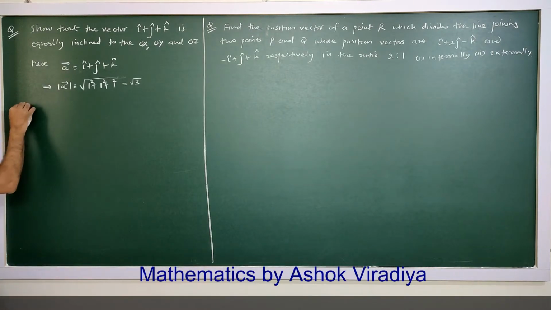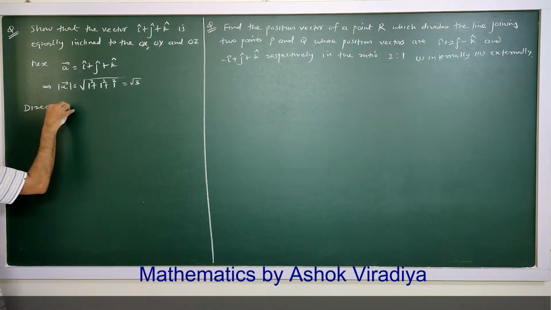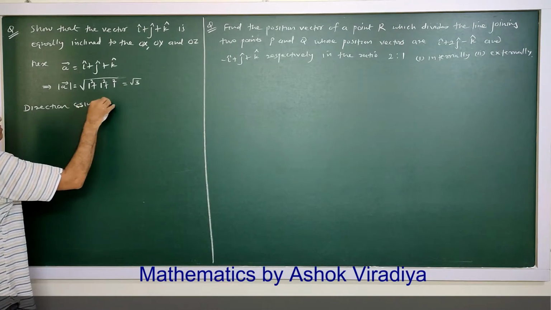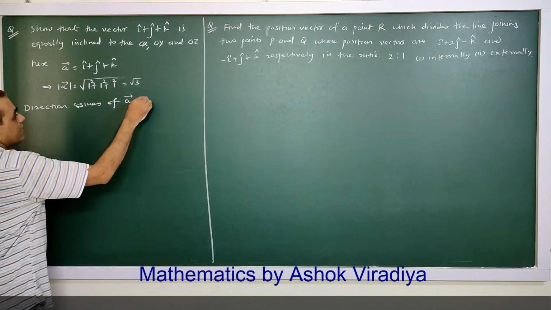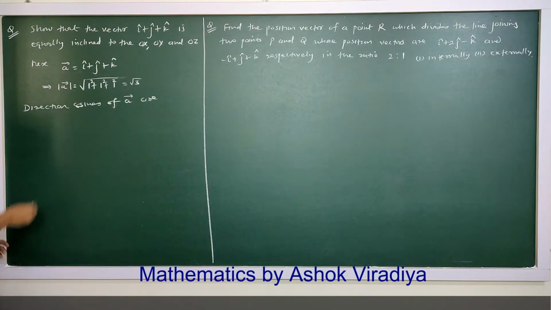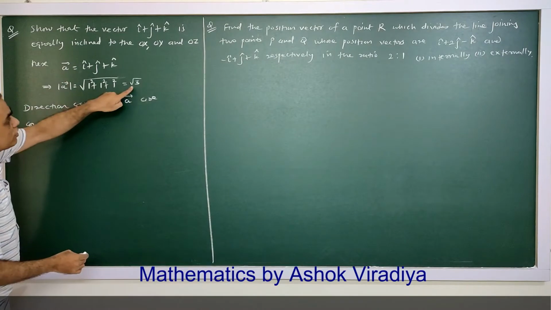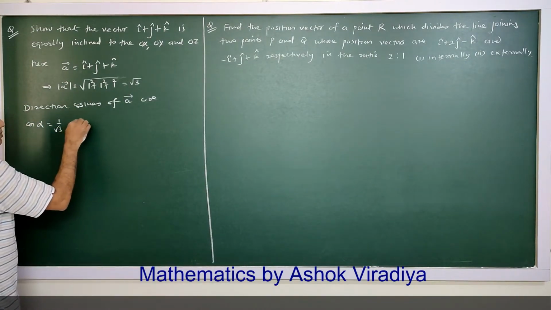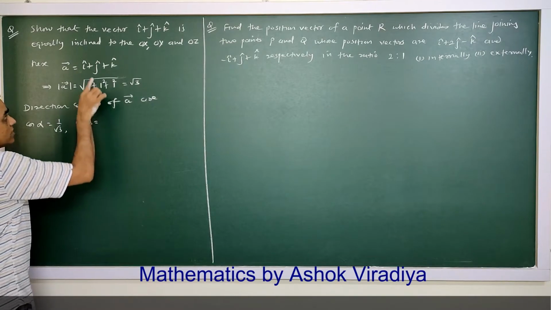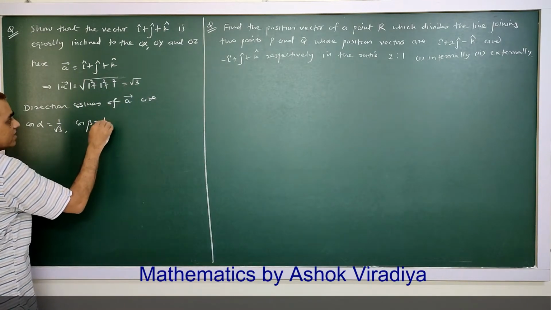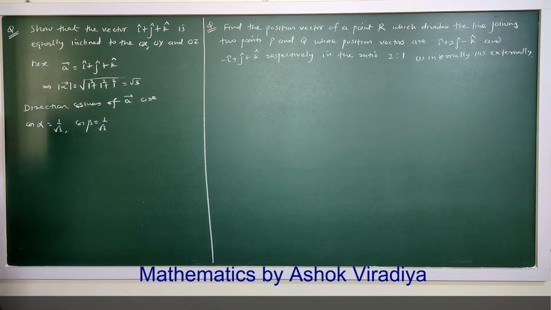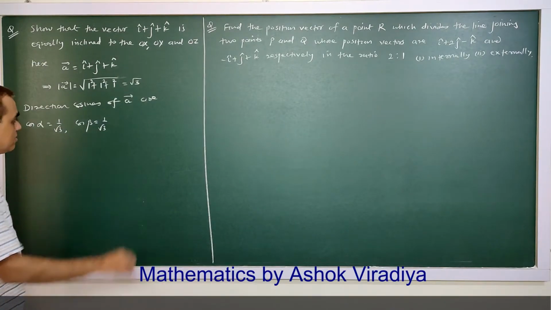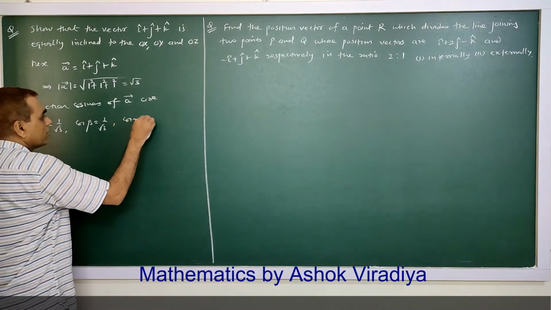Now direction cosines of vector A are cos alpha equal to 1 upon root 3, cos beta equal to same 1 upon root 3. We divide scalar components by its magnitude. There are 3 scalar components.